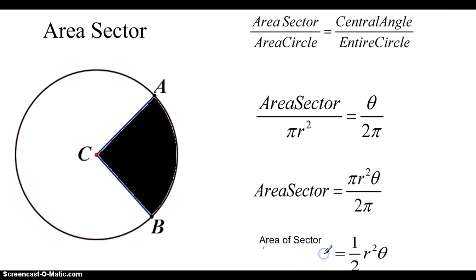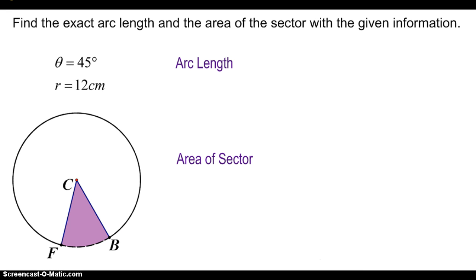So let's look at one example problem, and then there'll be an example problem that you need to do on your own, and we'll go over it in class tomorrow. All right, so our job is to find the exact arc length and area of a sector with the given information. We're given a 45-degree angle with a radius of 12 centimeters. Arc length is represented by the letter S, and S is equal to theta times r.